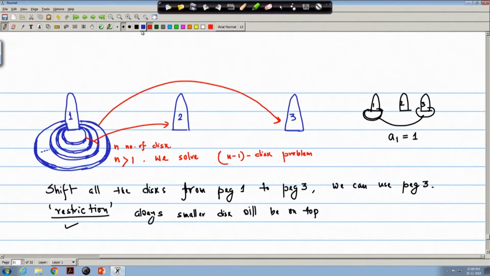So, this is my for n minus 1 disk I will give, and then I have for this a larger disk here.